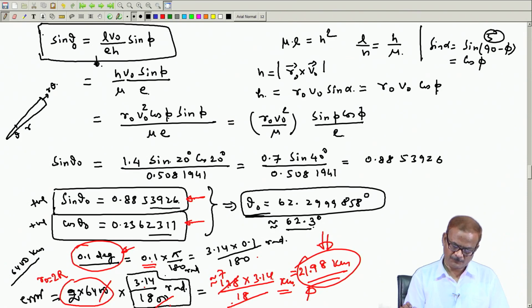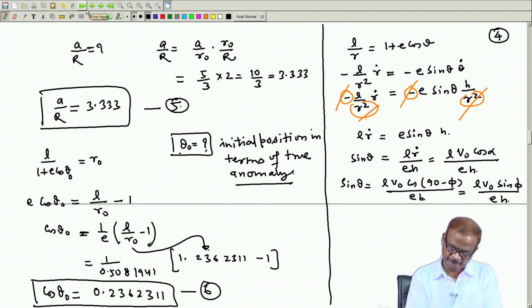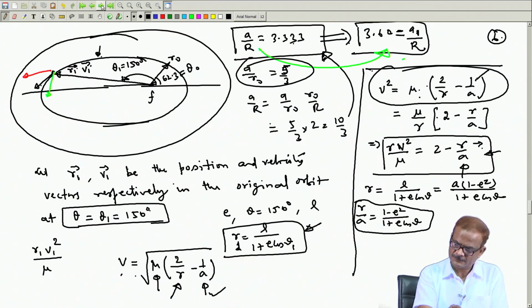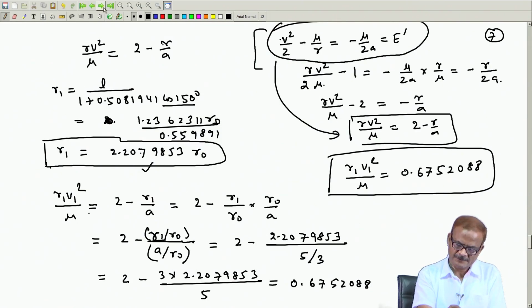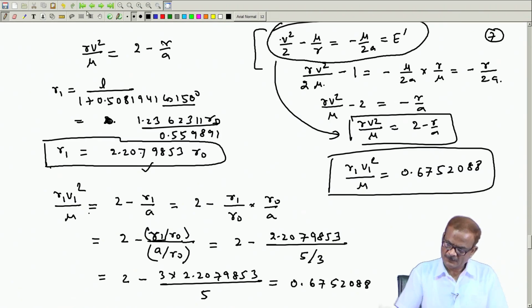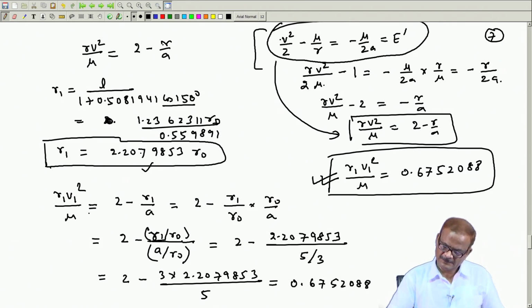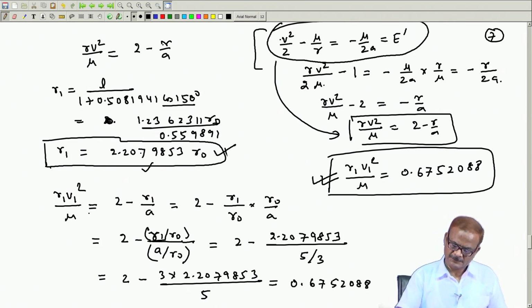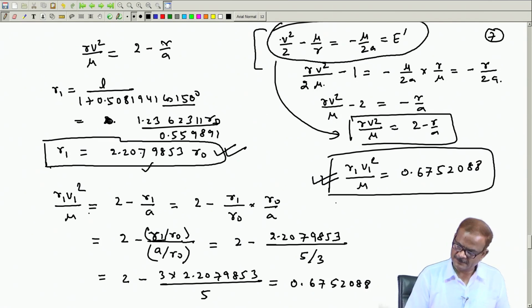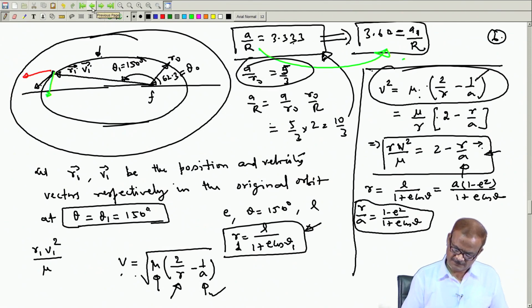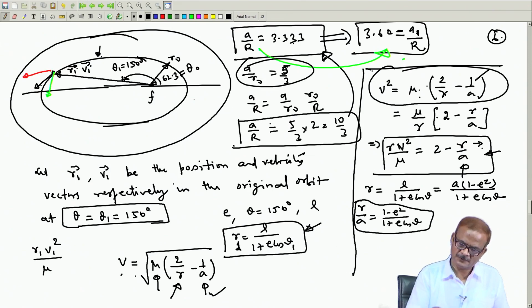So, we have forgotten to number the equations. We have not numbered anywhere, so you can follow as it is. Okay, so now this is available. I am putting the important values in a box, so that it is easily traceable.